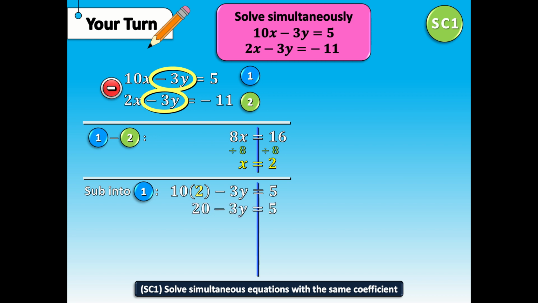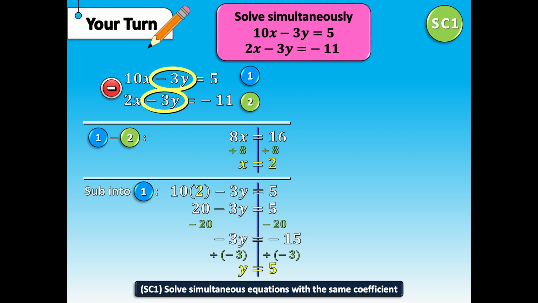So 10 times 2 is 20, take away 3y equals 5. So I can take off 20 from both sides. So minus 3y equals minus 15, and then divide both sides by minus 3. So minus 15 divided by minus 3, two minuses make a positive, so my answer is y equals positive 5.